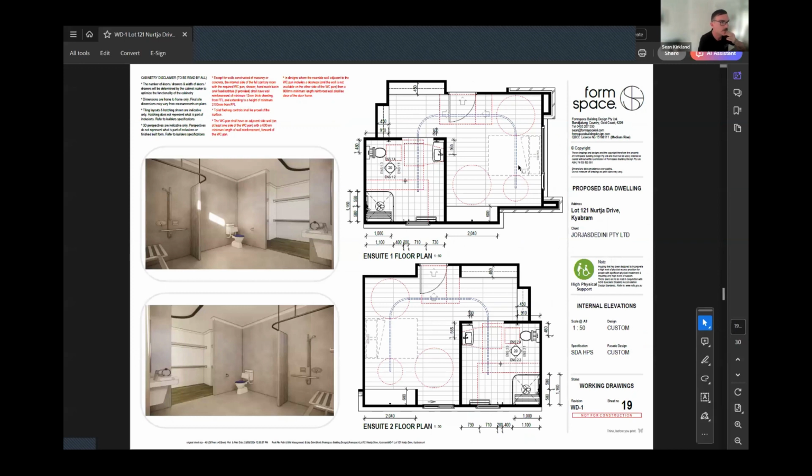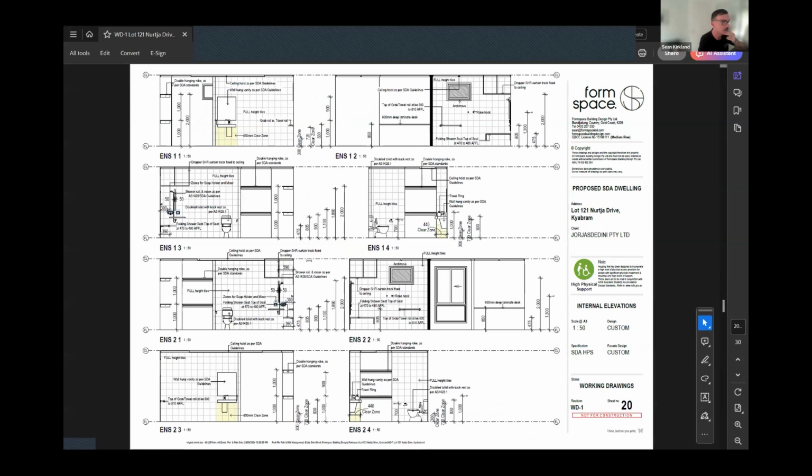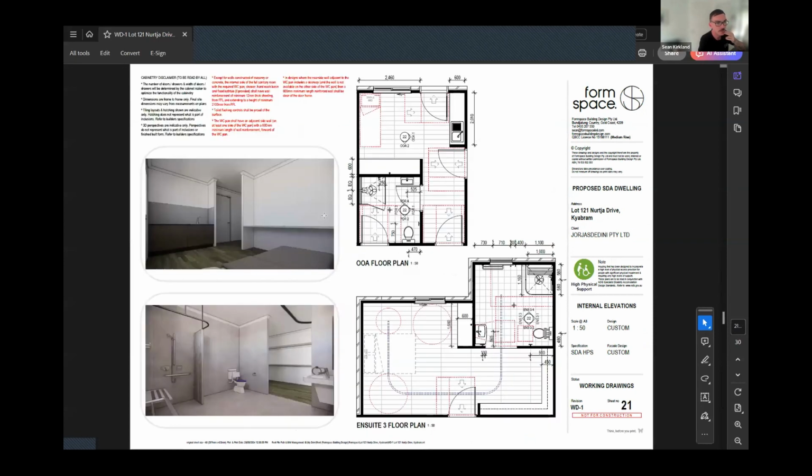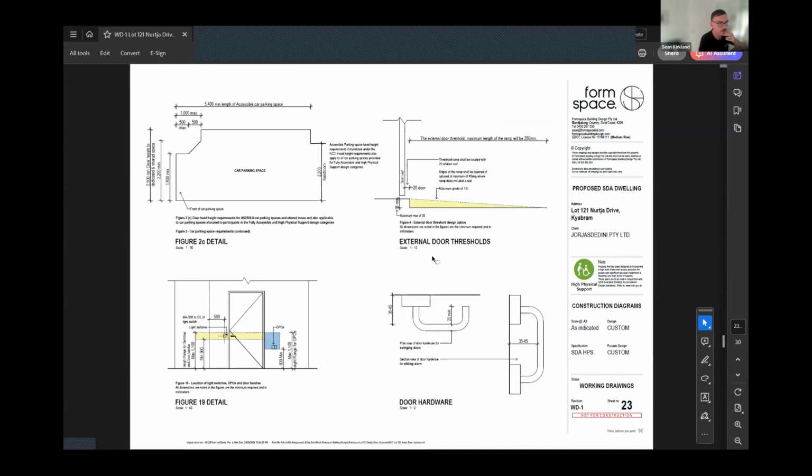And so, yeah, there's a lot of documentation: ceiling hoists, circulation space, set outs for vanities, showers, bathrooms, en suites, all the different detail, all the notes that are, I guess, required for compliance and buildability. And then all the construction diagrams that are required for SDA approval.